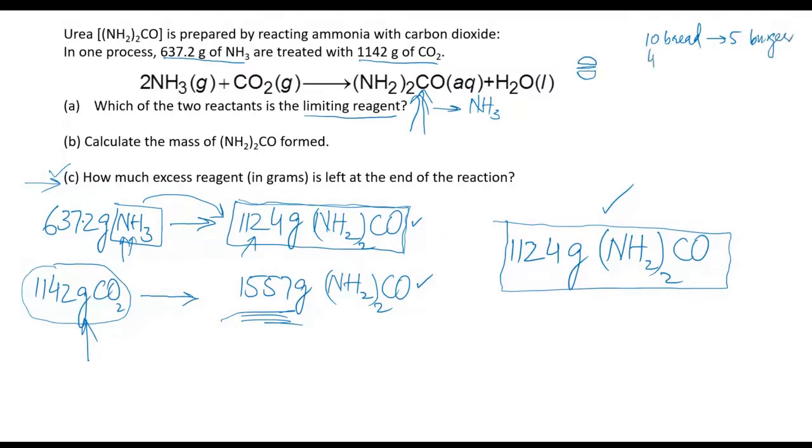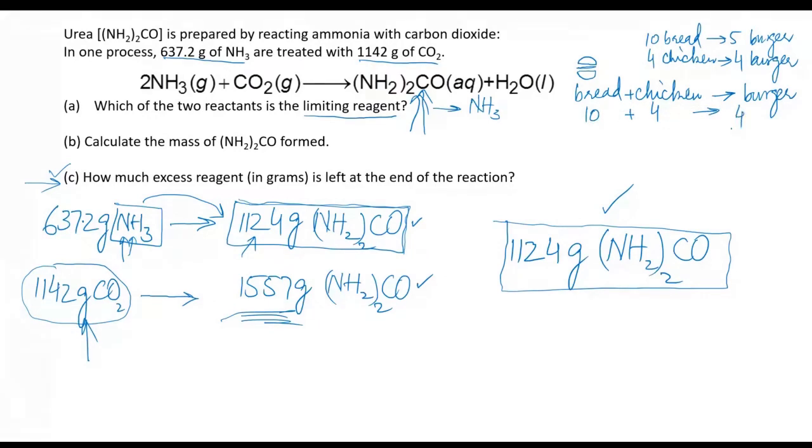If we have 4 chicken pieces, how many burgers can you make? 4 burgers. Okay, very good. Now, if I make a reaction with bread and chicken, it gives us burger. Now, if I take 10 breads and 4 chicken pieces, how many burgers can I make?